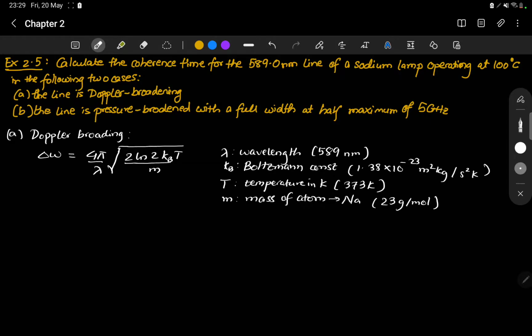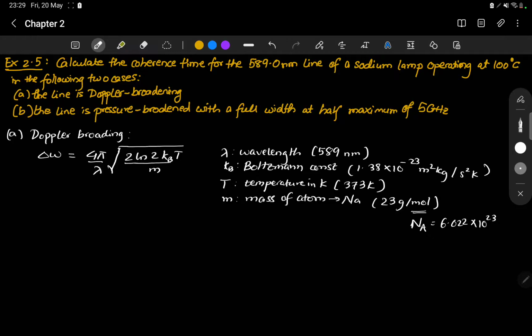So we can find the mass of one atom, because 1 mole means an Avogadro number of atoms, 6.022 times 10 to the power 23. For these many atoms, the mass would be 23 grams. So for one atom we can find out how much mass there would be.